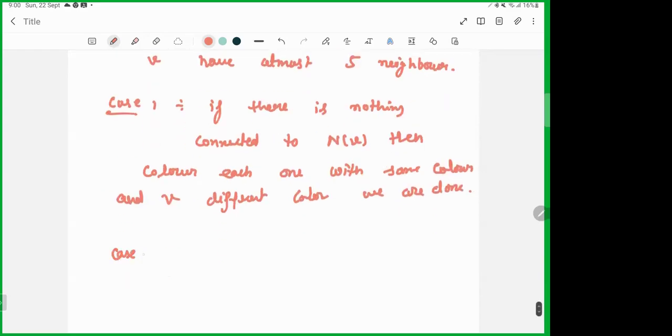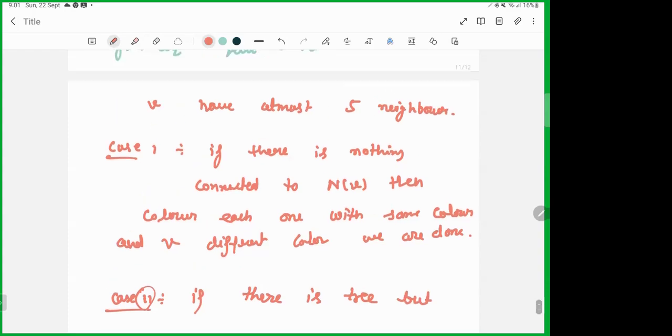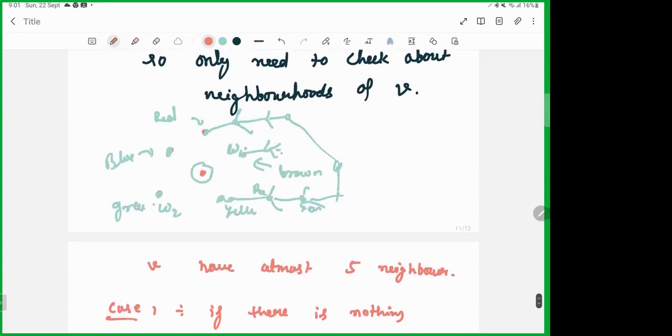Case two. If there is a tree between, let's say, name these vertices W1, W2, W3, W4, W5.